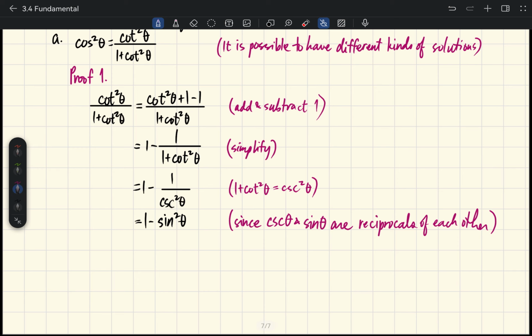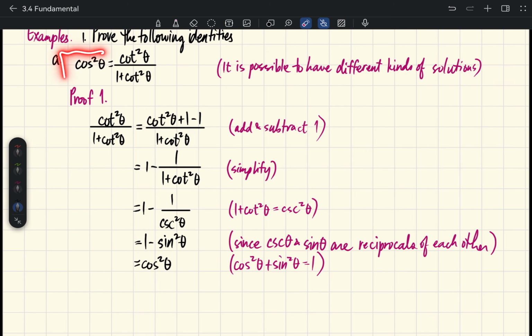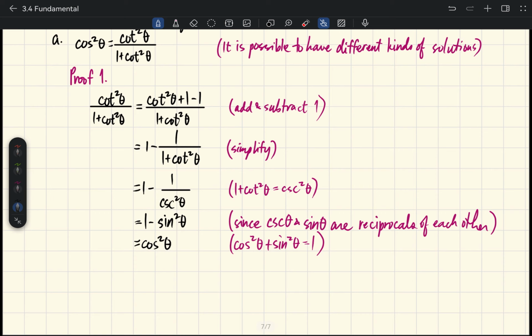Then finally, we can further simplify this by using the fact that cosine squared theta plus sine squared theta equals 1. And if we put sine squared theta on the other side, we have cosine squared theta equals 1 minus sine squared theta. So we have right here cosine squared theta, which is the one that we want to prove. And that's the end for our proof.